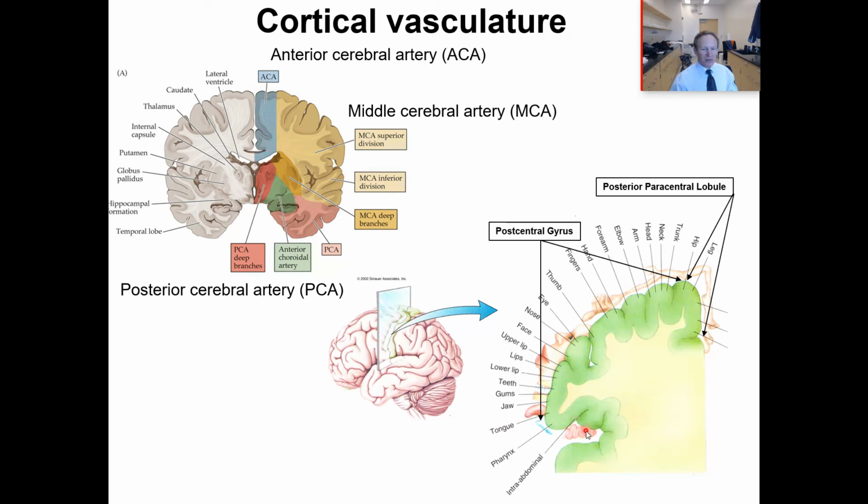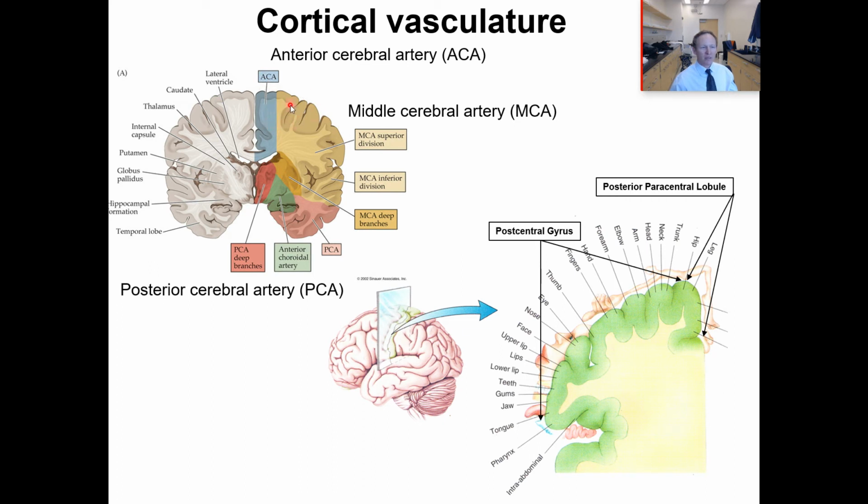What that means is that all the somatosensory cortex that receives information from the viscera, the face, the hand, the trunk, all the way here to the hip, is irrigated by the middle cerebral artery up till here. The leg, the foot, and the genitals are all irrigated by the anterior cerebral artery, right?